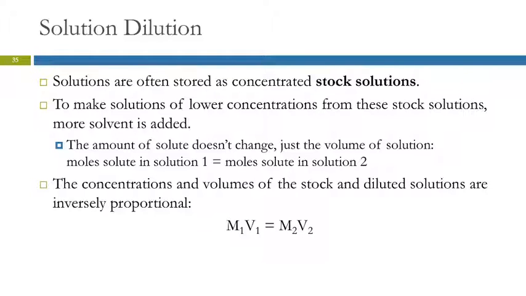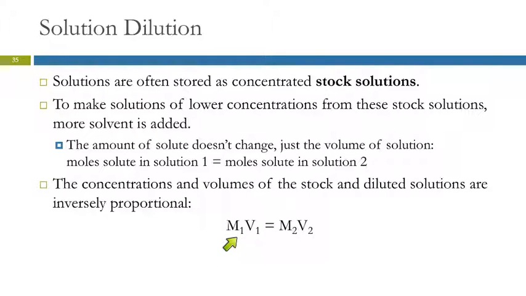So when we dilute a solution, the amount of solute doesn't change, the volume of solution changes. And what that ends up meaning is that the moles of solute in your starting solution is equal to the moles of solute in your second solution. The moles of solute don't change. So because of that relationship, we get this equation here.